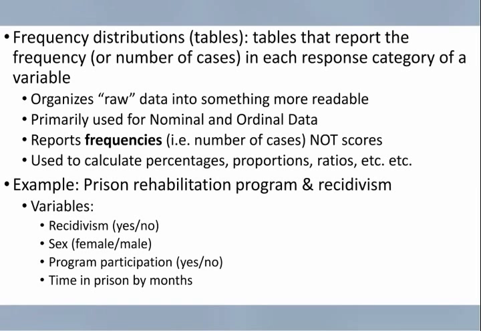So what this does is it organizes raw data into something more readable. And what raw data is, if you have ever taken a survey, and say there's 10 questions on the survey, and I'm sure most of you have, the raw data is what is output to the statistician in the first sort of run, right?